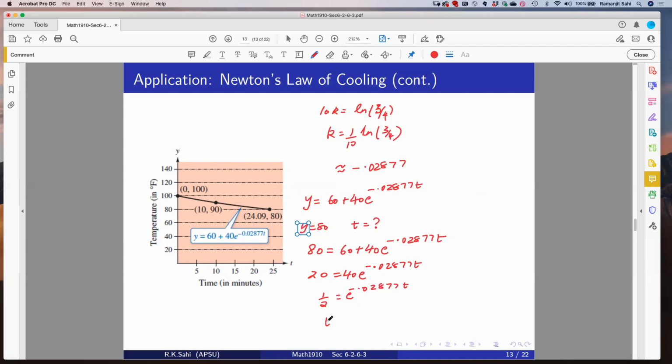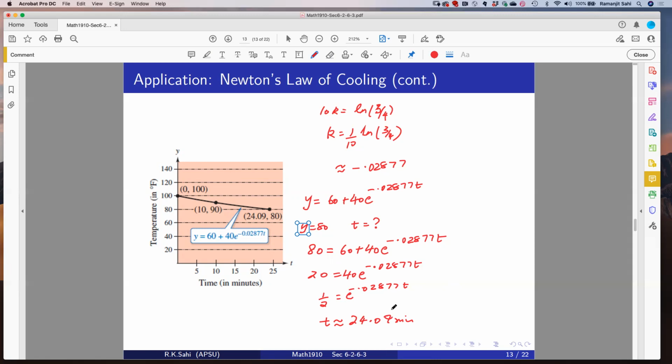Doing more calculations, you can find that t is approximately 24.079 minutes. Now remember, this means starting from when it was 100, it took approximately 24 minutes to reach 80.